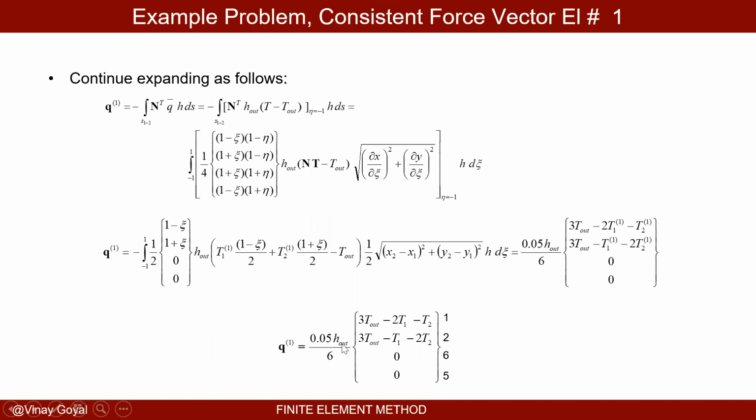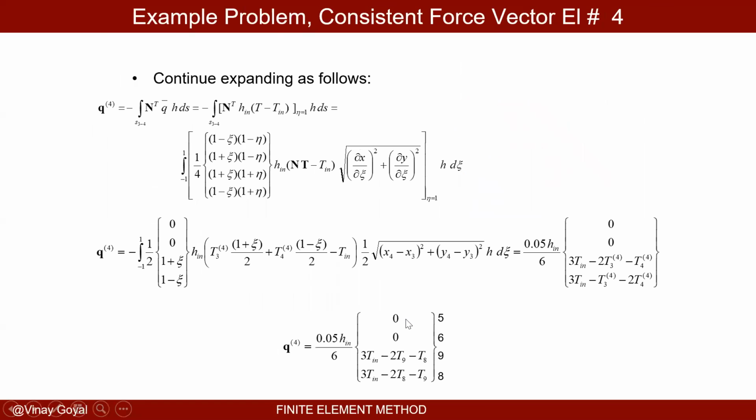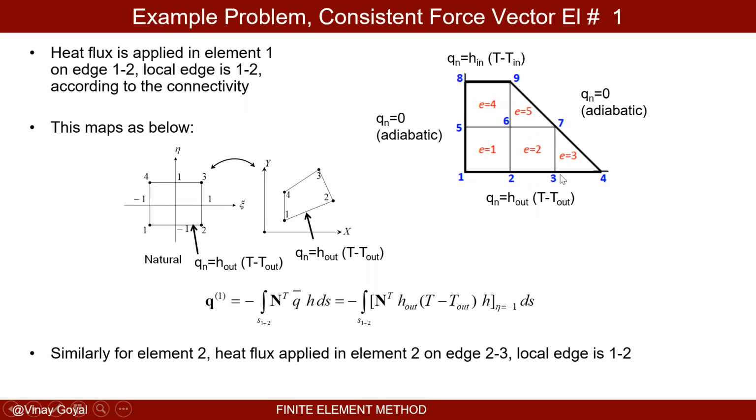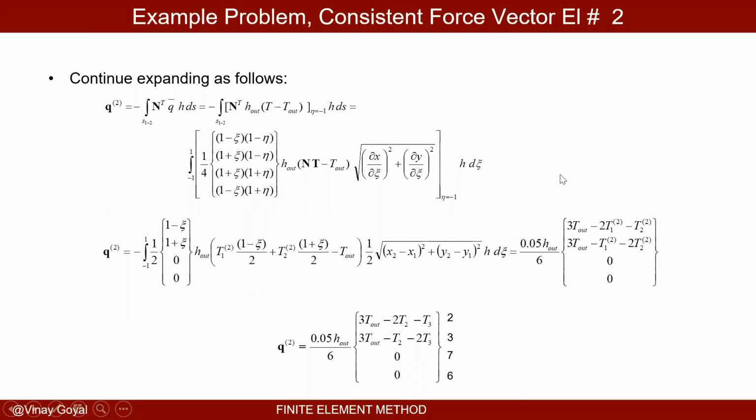All I'm going to do is use the same heat flux, but change these temperature nodal labels. I'll change them to correspond to T2 and T3, since that's the element we're talking about, element number 2. And that's exactly what I did. I don't have to do more. It's the same process for element number 2.